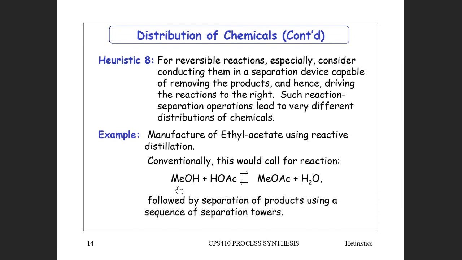So when we have something like methanol and acetic acid, and we're making methyl acetate, ethyl acetate, looks like methyl acetate. Anyway, that's an ester and water. And if we can remove these products as quickly as possible, then their concentrations remain low, and therefore the reverse reaction is limited.